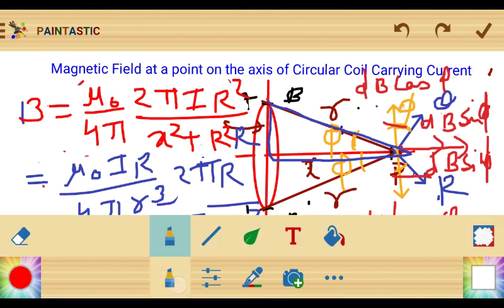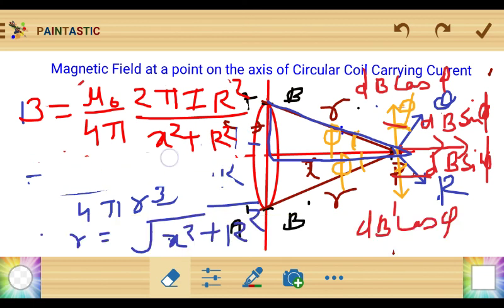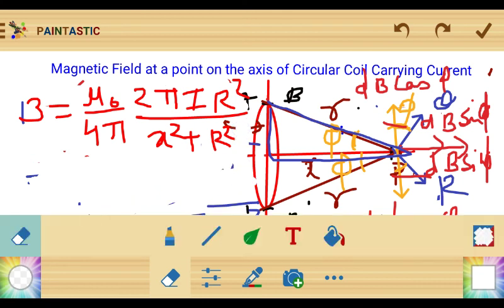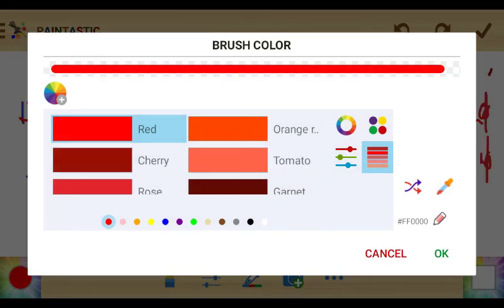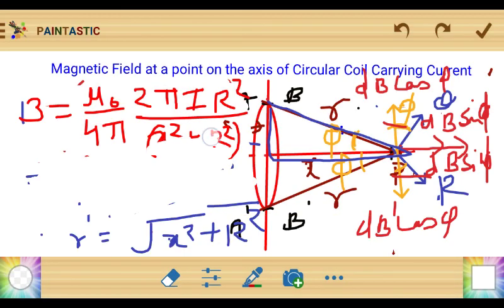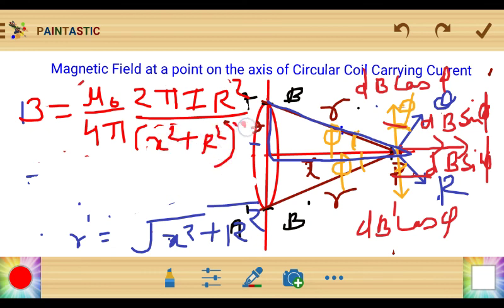So the power is 3 by 2, under root x square plus R square, power 3 by 2.